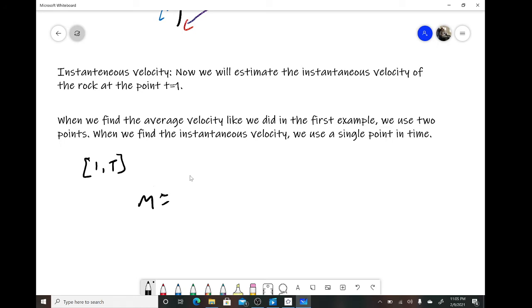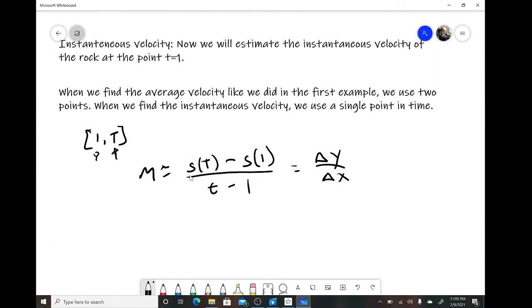We take the biggest value, in this case t, find its position, and subtract the position at 1, the smaller value, and then divide by t minus 1. Again, this is what we've been doing so far, changing y over changing x. The change in position divided by the change in time.